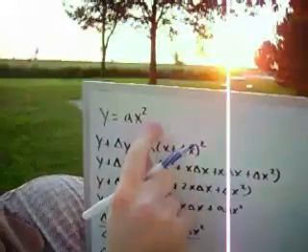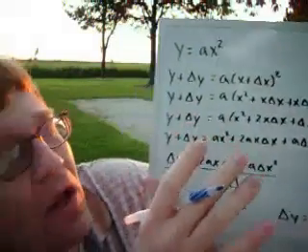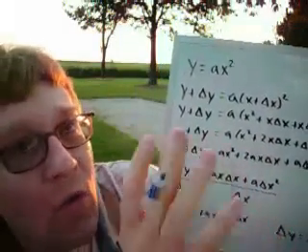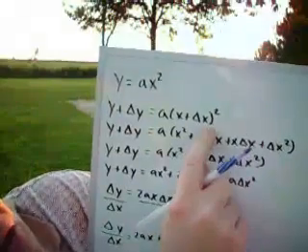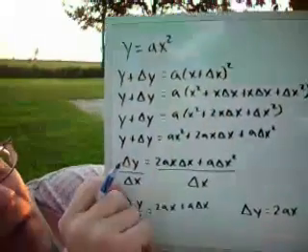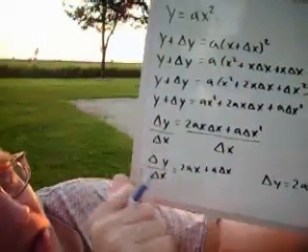Y equals ax squared. Now, we talked about replacing variables with values. Do you remember in my previous video on this where I had 6 at first and then I replaced it with an x? Okay, same deal here. Here we got x plus delta x. Remember, delta x means change, alright?